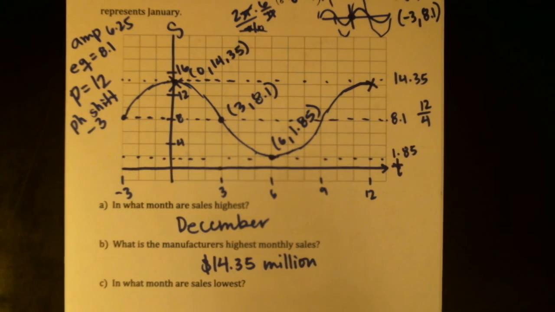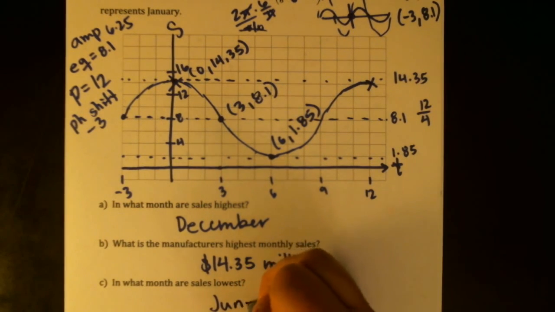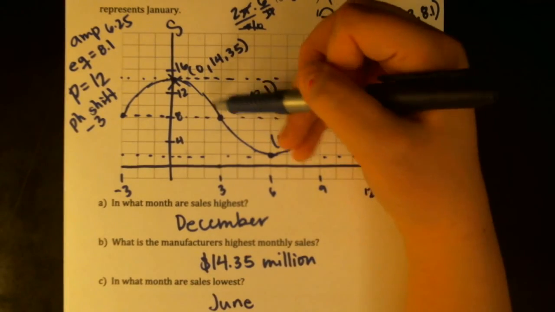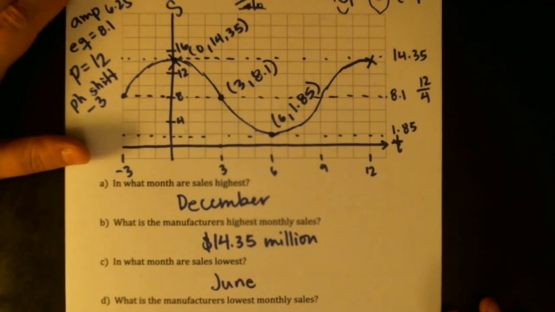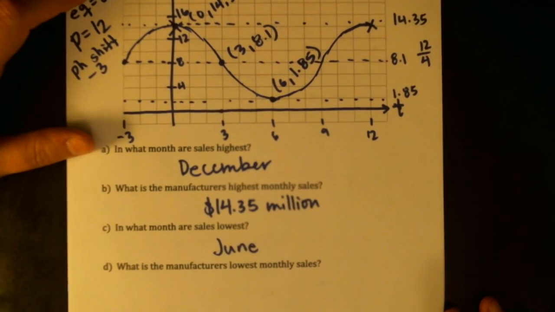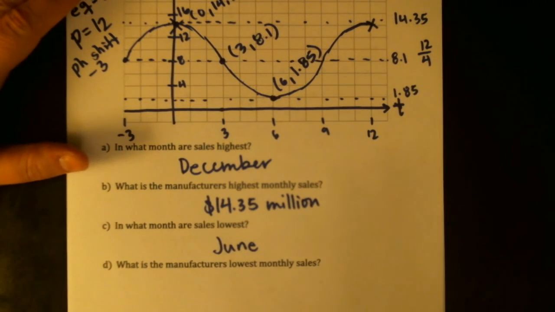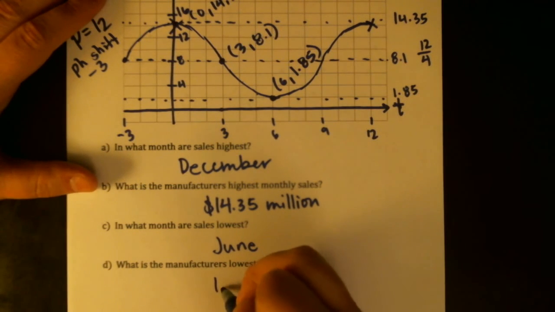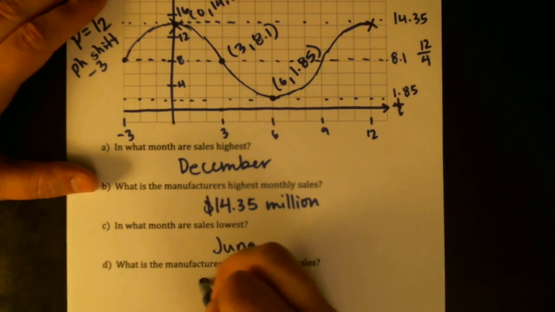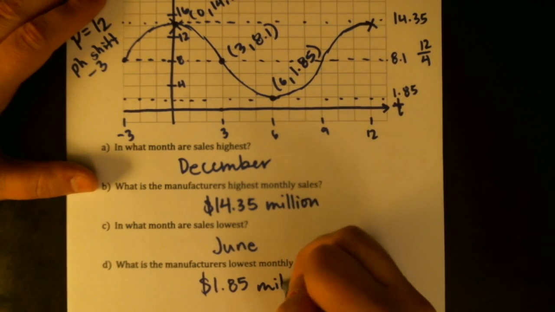Oh no, we are in June. Okay, so in June, we get our lowest sales. April, May, June. Make sure I didn't miscount. And then the last question is, what are their lowest monthly sales? So that's going to be $1.85 million.